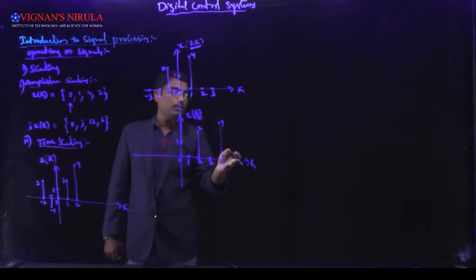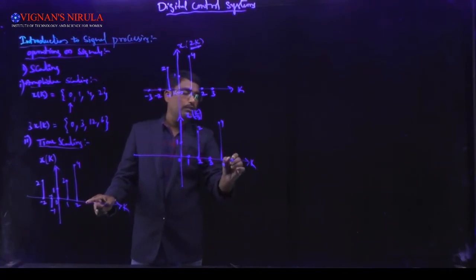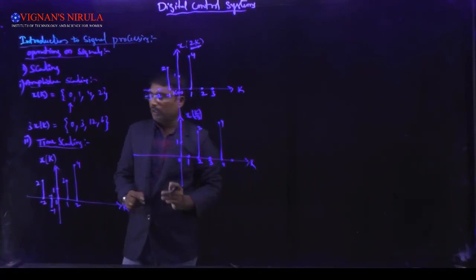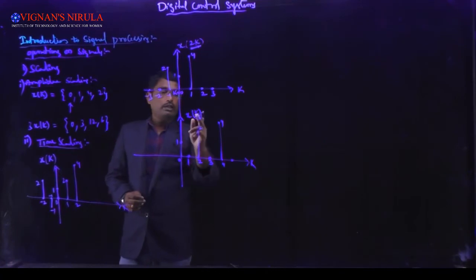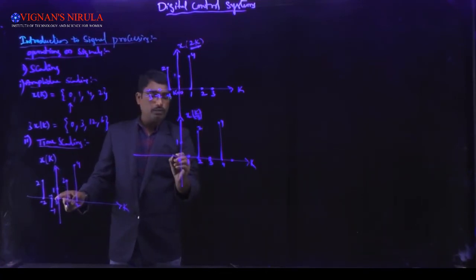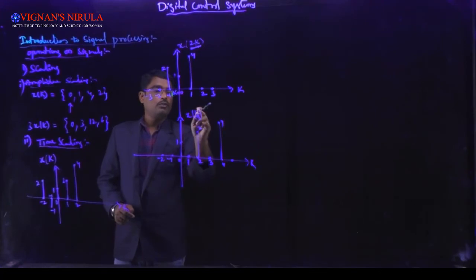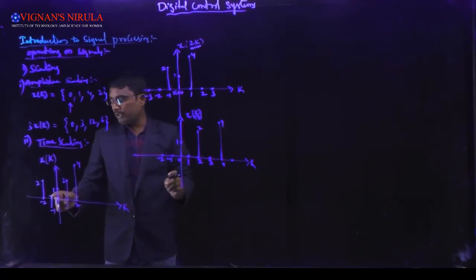If you put k equals to 5, x of 5 by 2, x of 2.5, x of 2.5 means 0, and so on. Similarly, if you come to this side, if you put k equals to -1, x of -1 by 2, x of -0.5, there is no signal, so 0. If you put k equals to -2, x of -2 by 2, x of -1, for x of -1 it is -1.